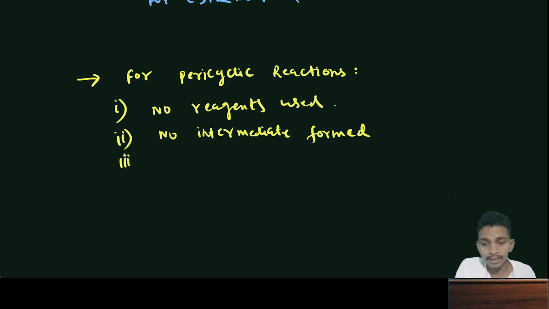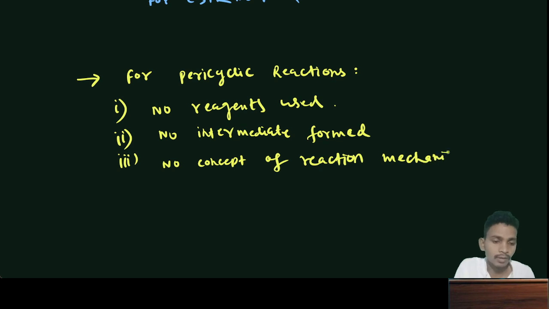And third, no reaction mechanism is used, so no concept of reaction mechanism is applied. It means that if you don't have any concept of reaction mechanism, then also we can solve the questions for pericyclic reactions.